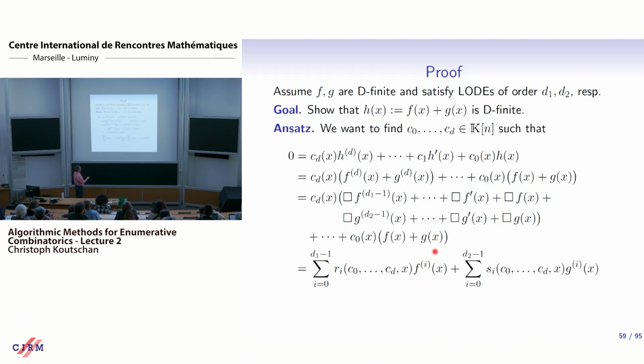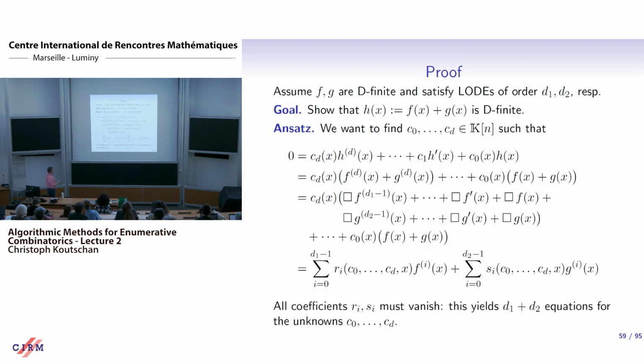You get something in f^(i), i from 1 to d1 minus 1, the same for the g. And this is supposed to be 0. And this is if and only if these coefficients here all vanish. And since they depend on the unknowns that we want to find, you can just solve for this. And if you choose d, the order of the differential equation for h, appropriately, you get a linear system that has more unknowns than equations, and you will find something.